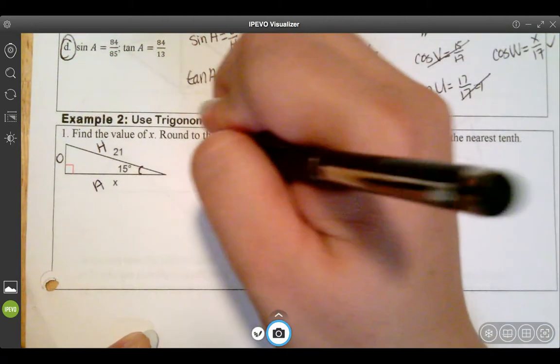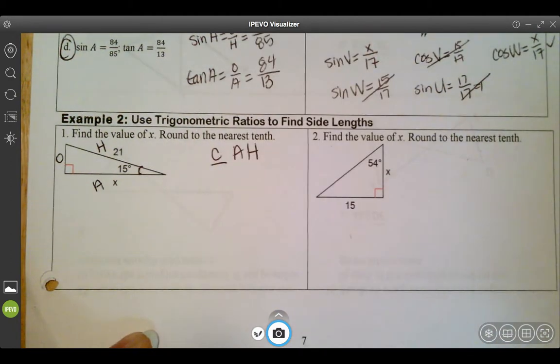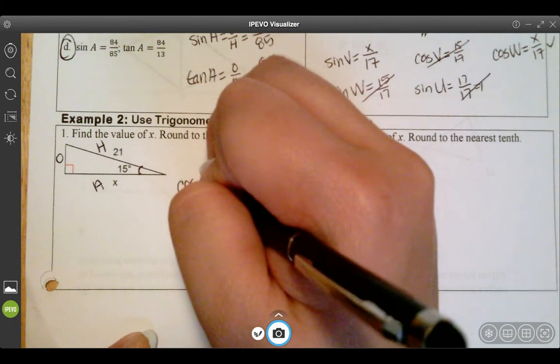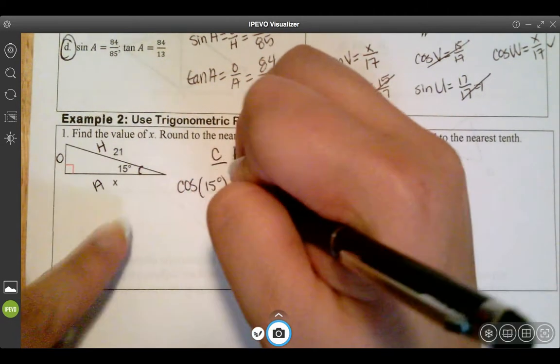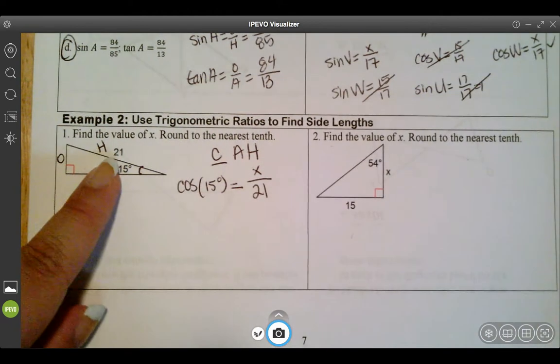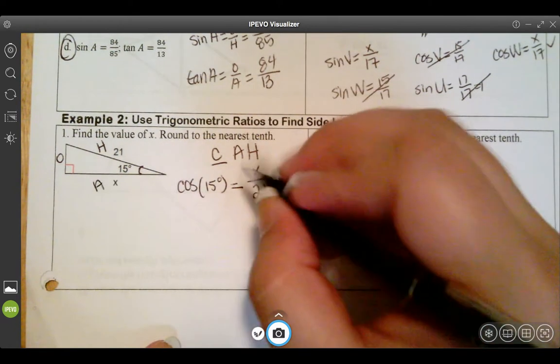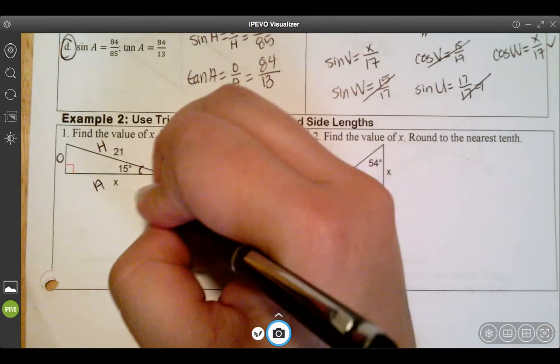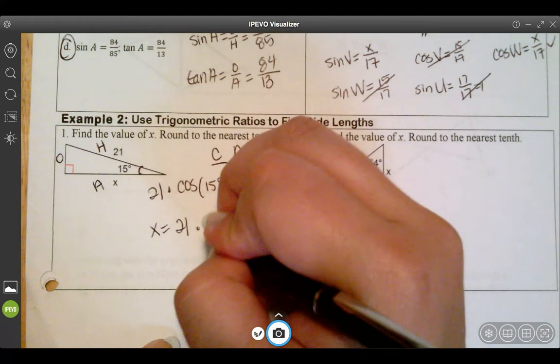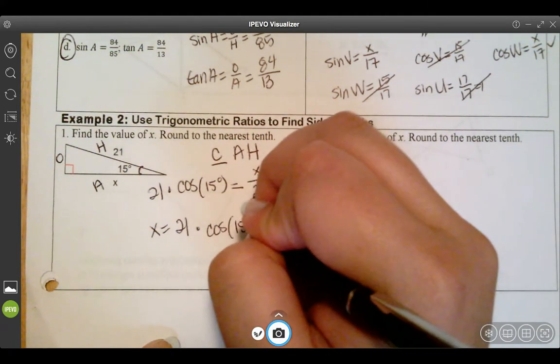CAH, so that's going to be a cosine. So cosine of 15 degrees equals adjacent over hypotenuse. But now we're solving for x, so we multiply both sides by 21. X equals 21 times cosine of 15 degrees.